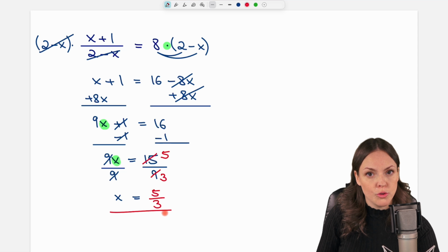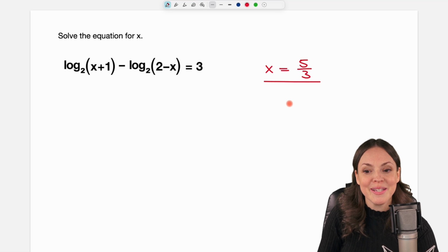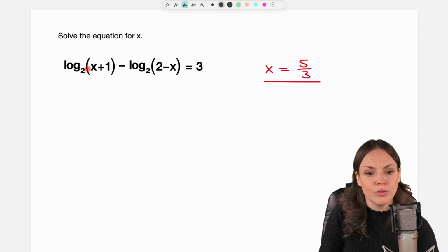We found a solution for our x, but we're not done yet because we have to check if this solution is really a valid solution for our equation. Because we're working with logarithms here, we have to make sure that if we insert our solution for our x here and for our x here, what we have in the logarithm is greater than 0 here, and the same thing here.